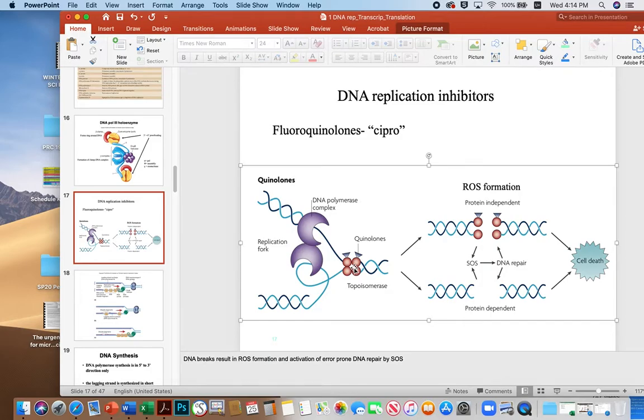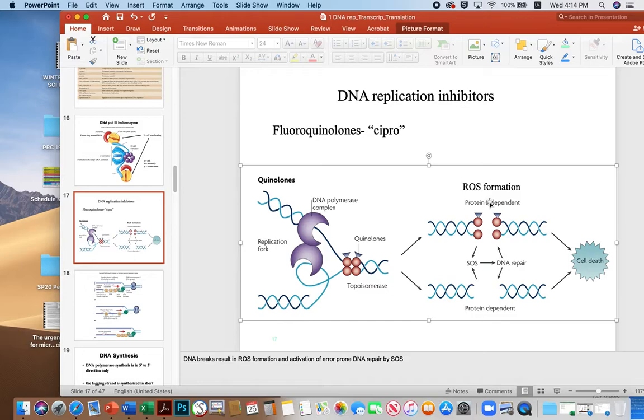And so the quinolones bind to these topoisomerases, DNA gyrase, and prevent them from completing the strand break reseal process. Basically, they catch the topoisomerases in the strand break phase, and so that's why you see the drawing here with 2 strands of broken DNA, and then with the quinolone antibiotic stuck to them. So they can't reseal the DNA.